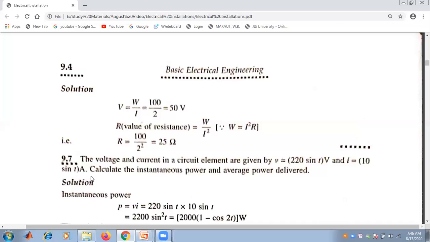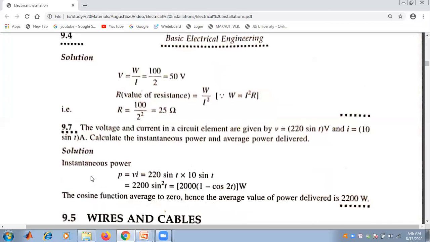So the instantaneous power is V into I, that is 220 sin t into 10 sin t, that is 2200 sin square t, or we can write 1100 into 1 minus cos 2t watt.